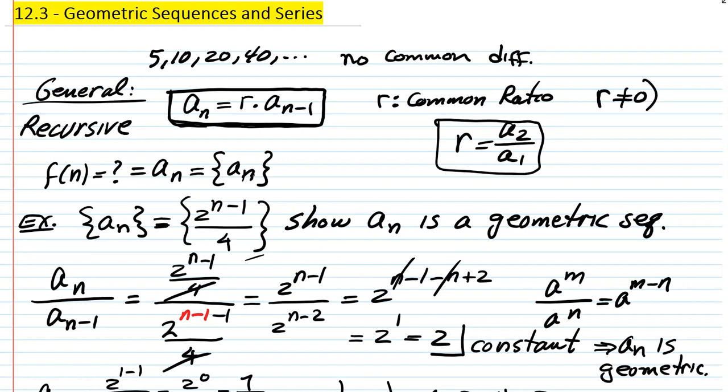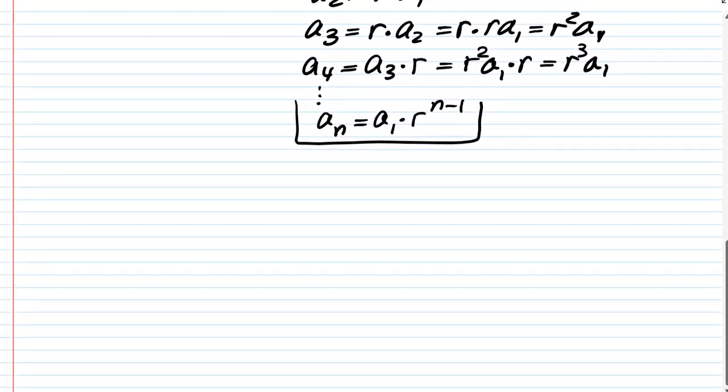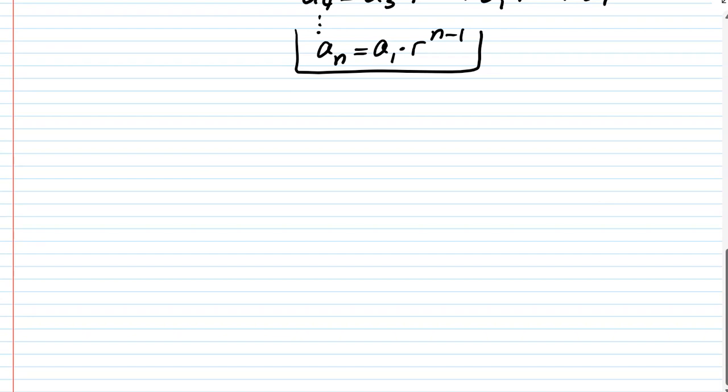And you can see, for obvious reason, if R is 0, then everything is 0. So we really don't have a geometric sequence. And there you have it. This is the general form. Again, this is the functional form, I call it, which means written as a function.